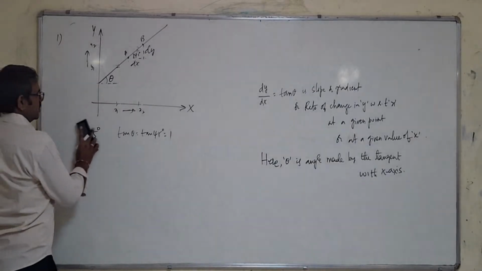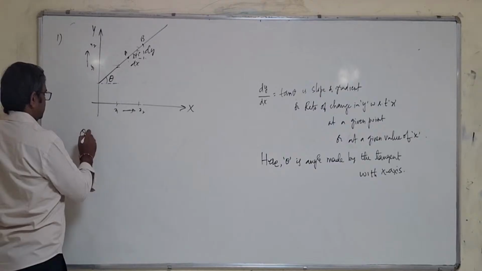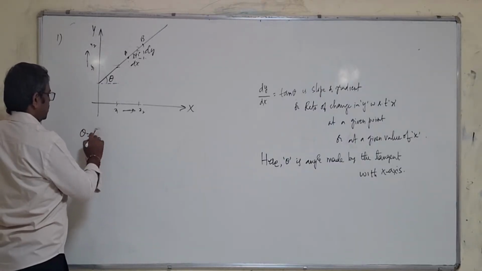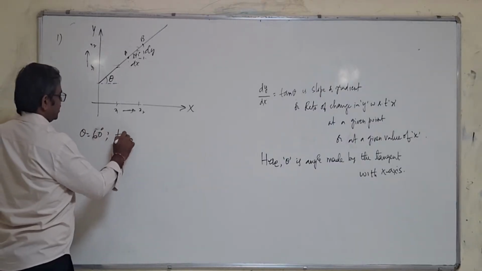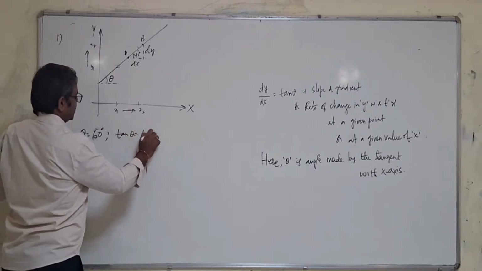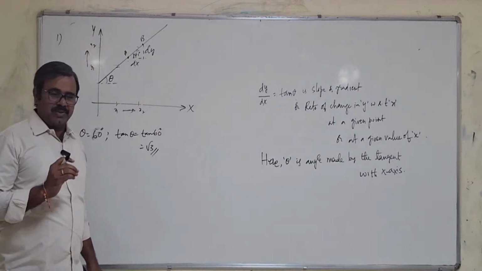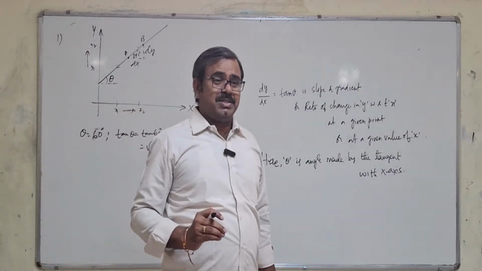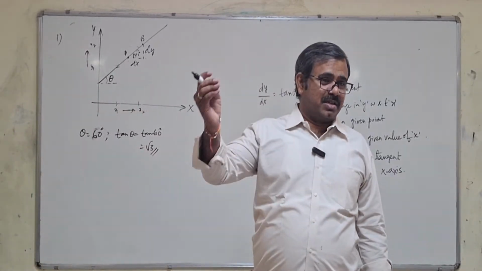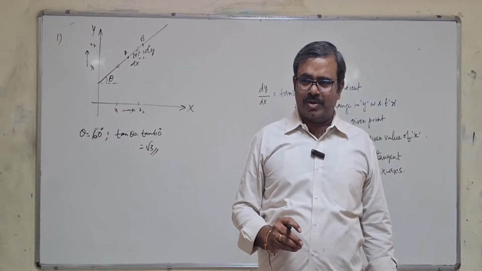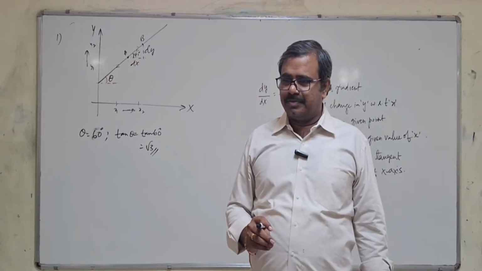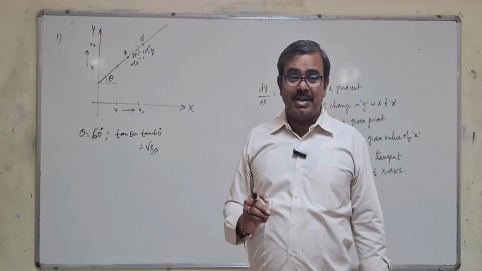Suppose if theta is equal to 60 degrees. What do you get? Tan theta is equal to tan 60 degrees. How much is this? Root 3. It means for every unit change in x, y changes by root 3 units. Are you following what I'm saying? Y increases.